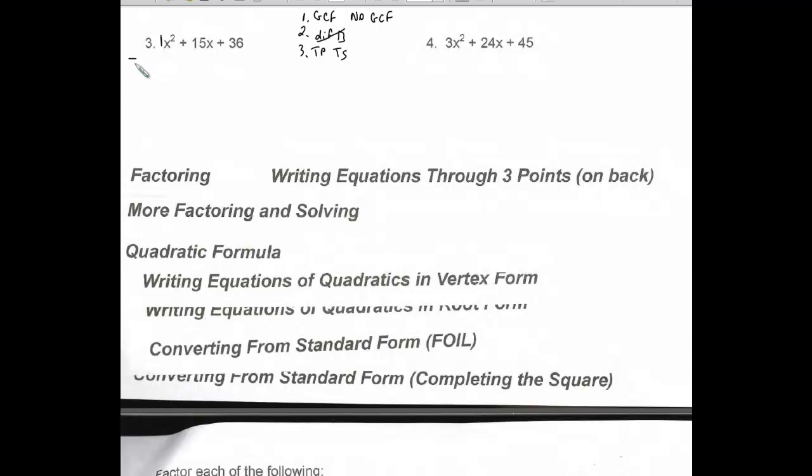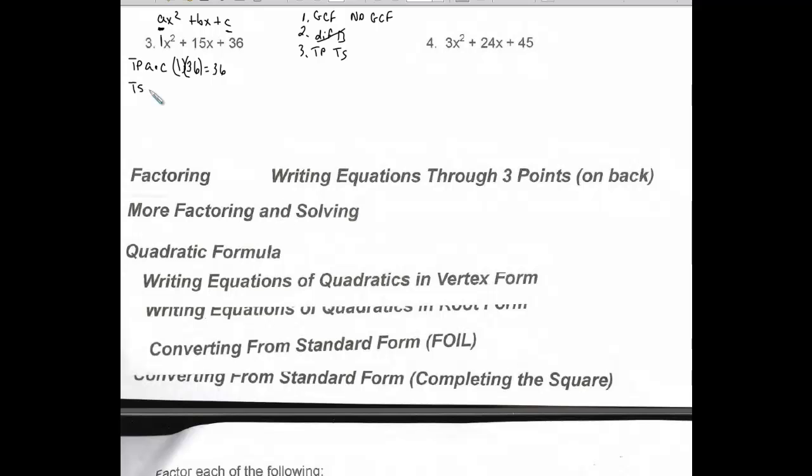Remember, to get the target product, we multiply the coefficient in front of x squared and the c together. So the target product is a times c. The a is 1, the c is 36, so 1 times 36 is 36.